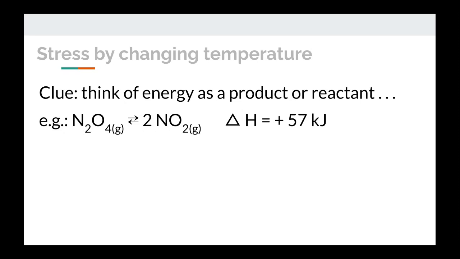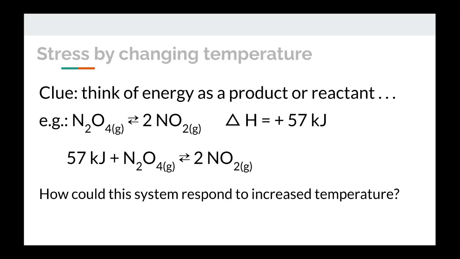So you could think about writing this as 57 kilojoules as a reactant almost, plus N2O4 gas in equilibrium with 2NO2 gas. So if the temperature increases, this system can react to that stress by using up the extra energy in the environment by shifting to the right, which is an energy input process because this is endothermic.